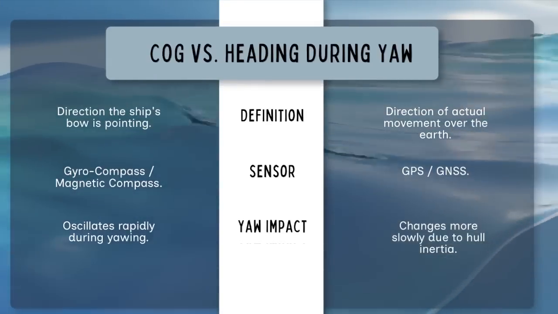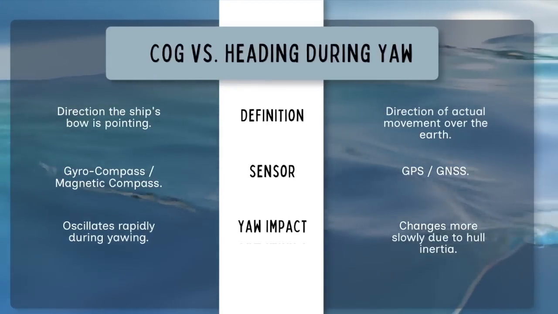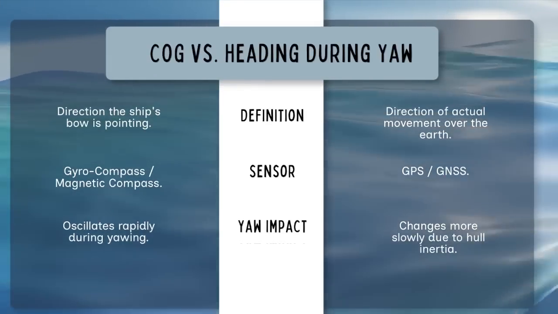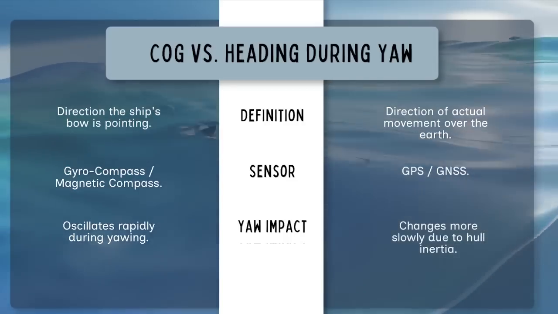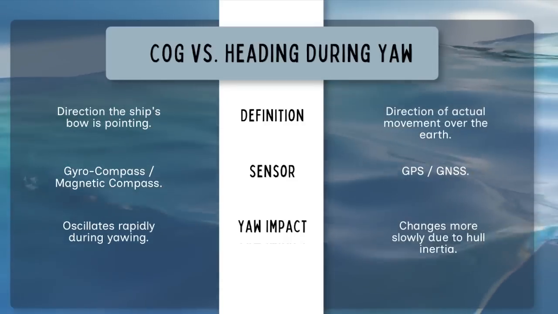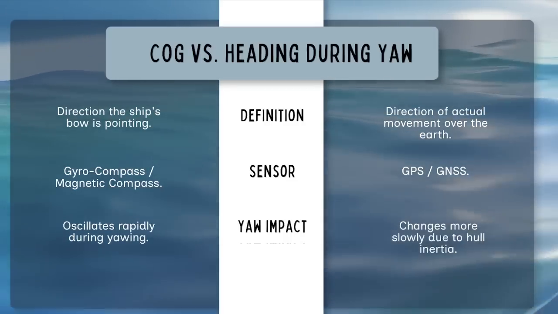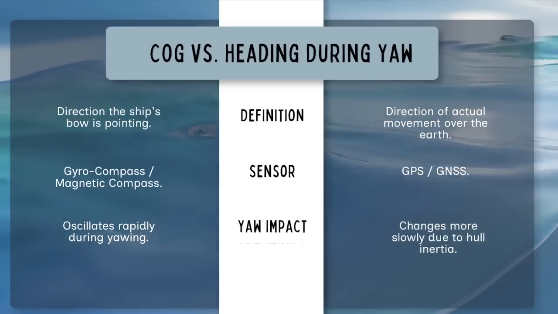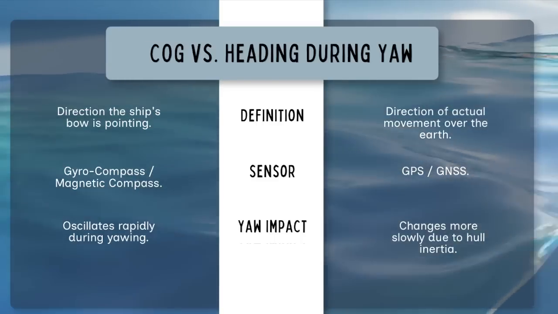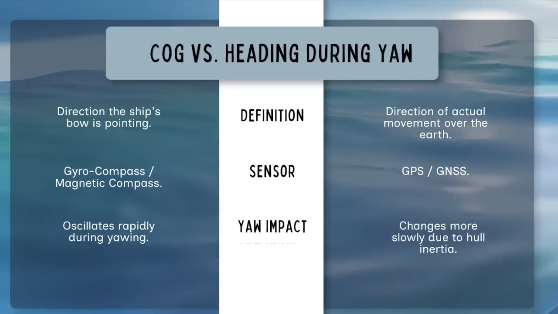So COG versus the heading during yaw. The difference between these: heading is the direction the ship's bow is pointing, while COG is the direction of the actual movement over the earth.